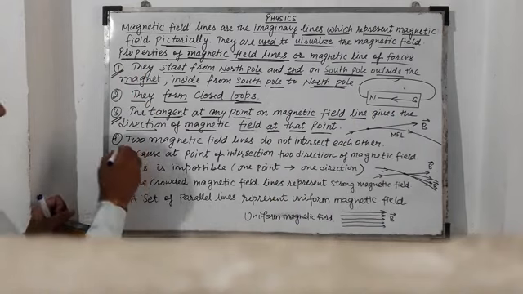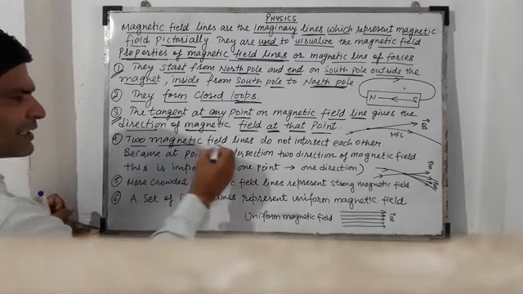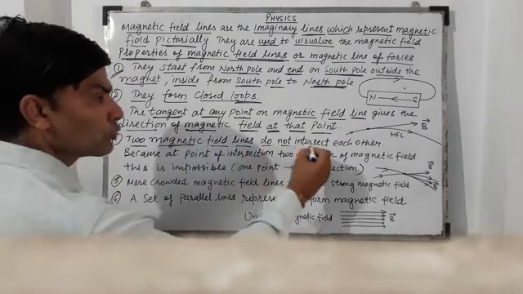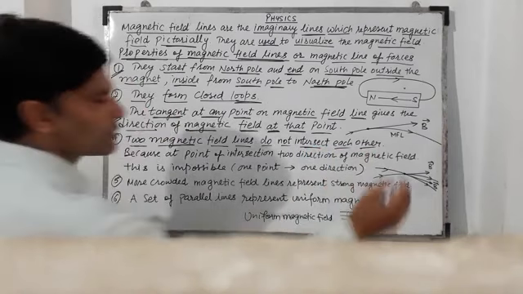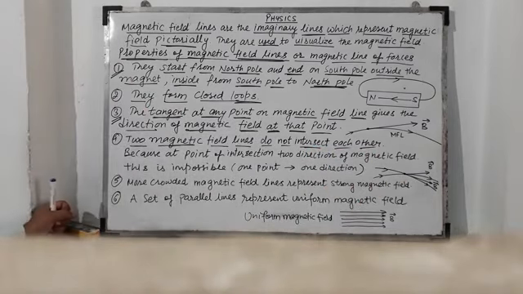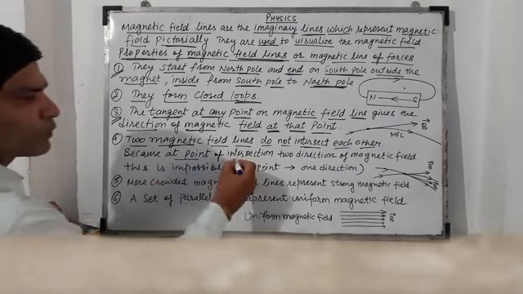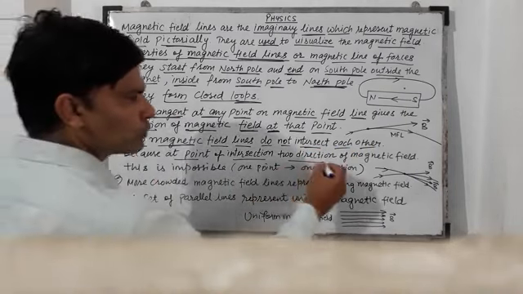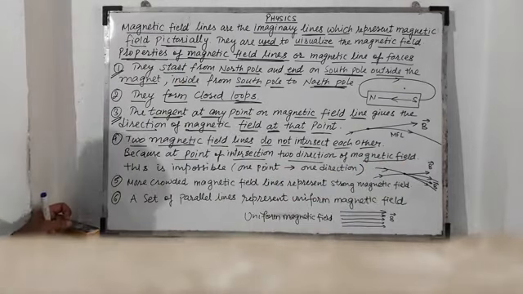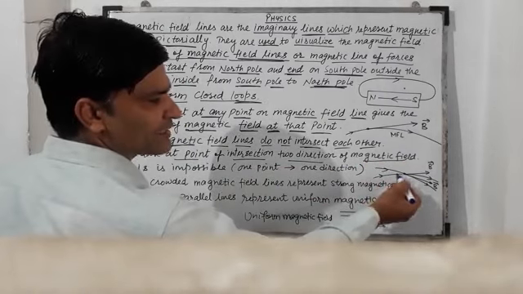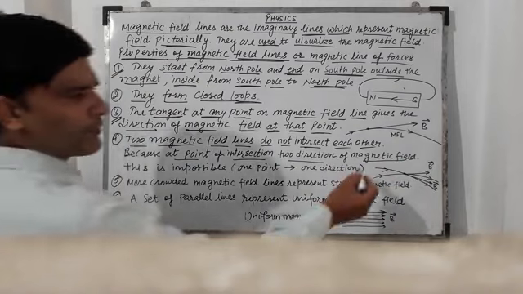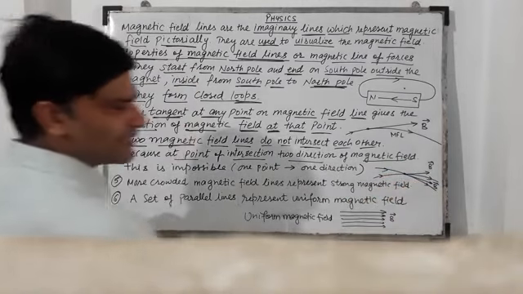This tangent gives the direction of the magnetic field at this point. Okay, now two magnetic field lines do not intersect each other. They never intersect because at the point of intersection, as you can see from the diagram, there would be two tangents and two directions of the magnetic field.